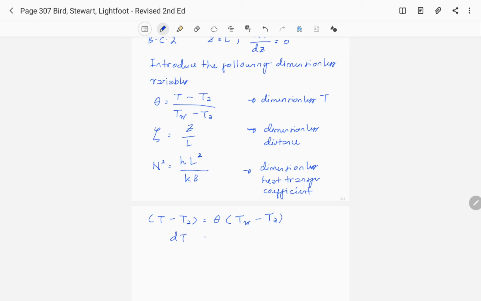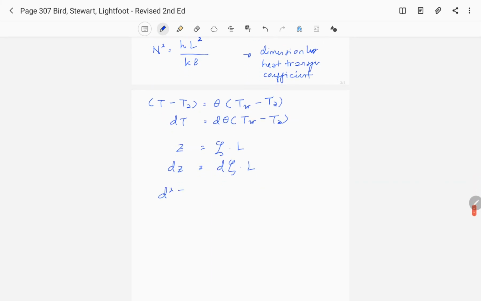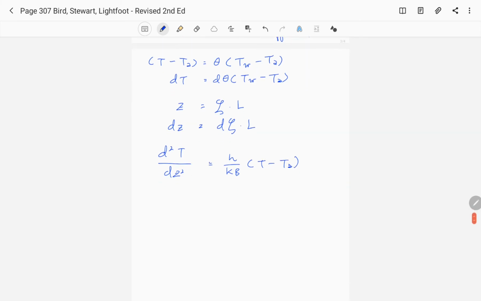Okay, so this dT will be equal to d phi times TW minus TA, and then z will be equal to this multiplied by L. So dz will be equal to this multiplied by L, and so your d squared T over dz squared equal to H over KB times T minus TA can be expressed in terms of this.